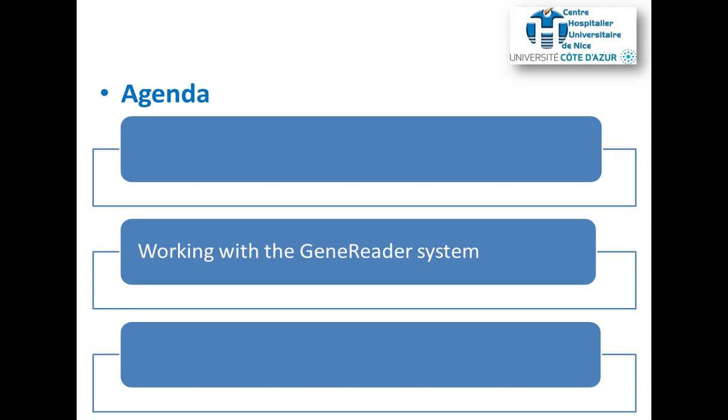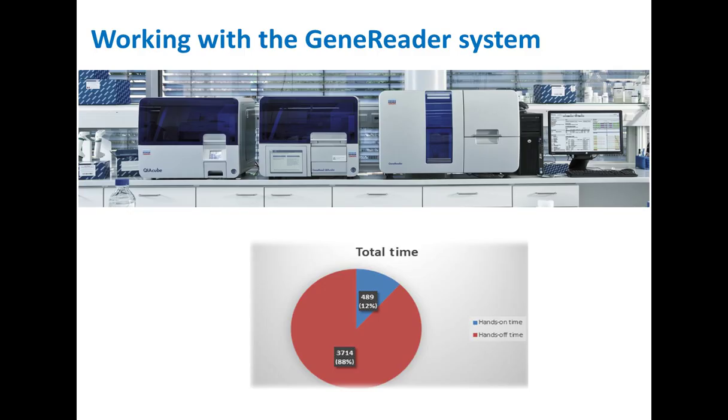So now, the second part of my talk will focus on the use of the GeneReader for NGS approach, mainly for solid tumor genomic alteration, and we set up this GeneReader system in our lab. Here is the GeneReader system, and in our experience, the workflow takes 5 days until the diagnosis can be made.